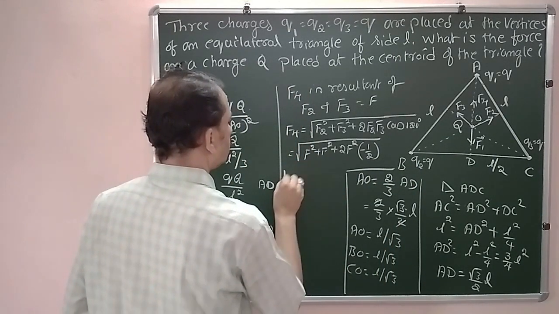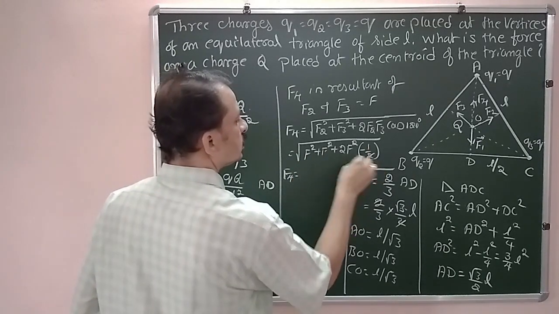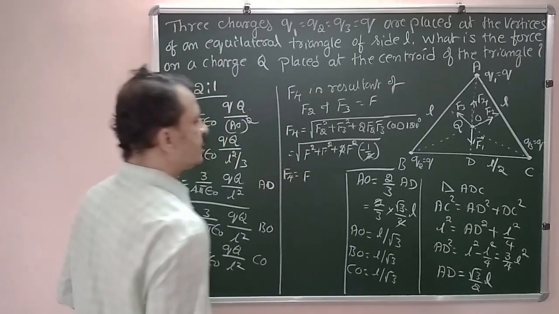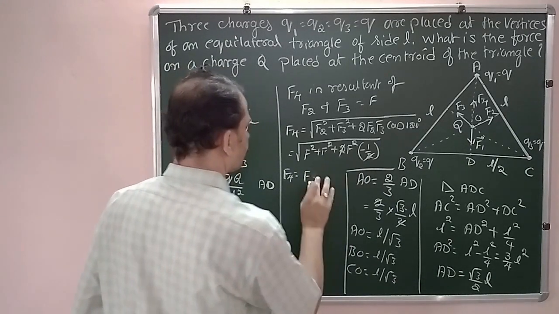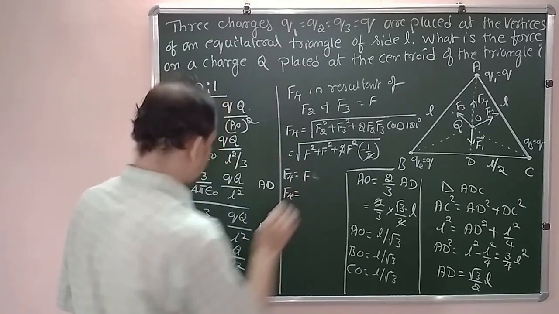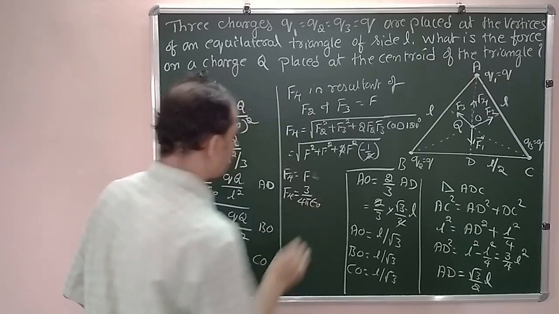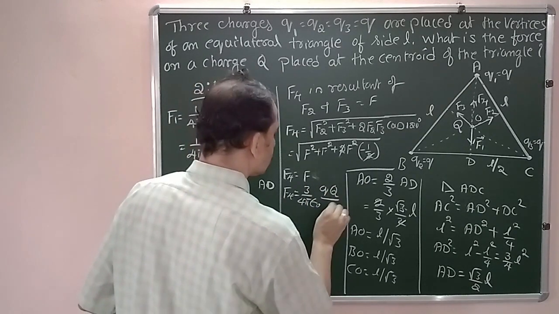So therefore F4 is equal to, 1 gets cancelled. Therefore I am going to get F, that is the same magnitude. F4 is also having the same magnitude, 3 divided by 4 pi epsilon naught small q capital Q divided by L square.